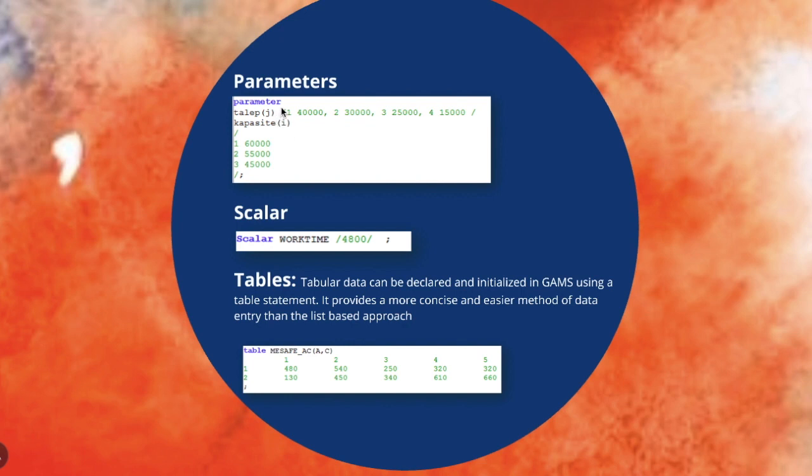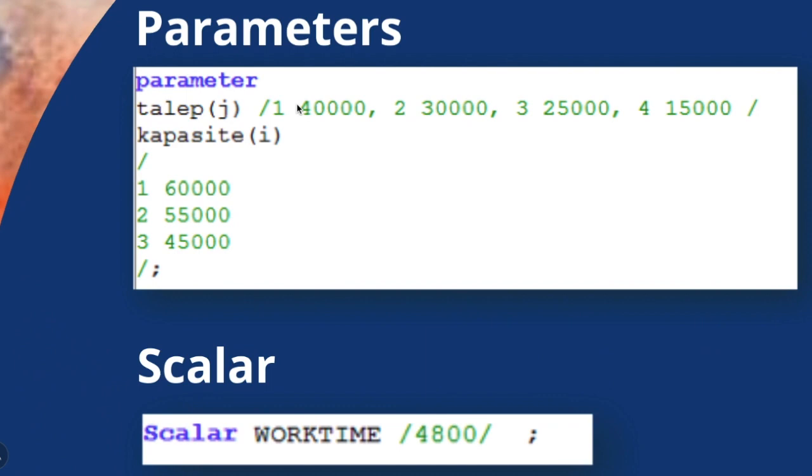We assign them between two slashes, and as you see here, there is a space, which means that talep 1 is 40,000. Also, you can assign other values to capacity by writing them one per line and closing with a semicolon.